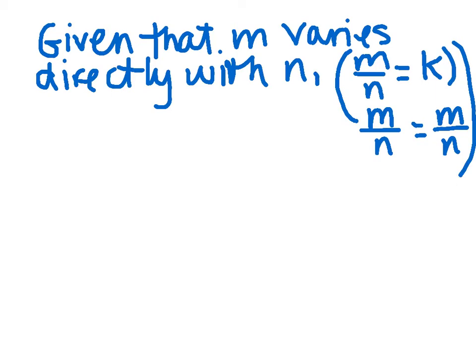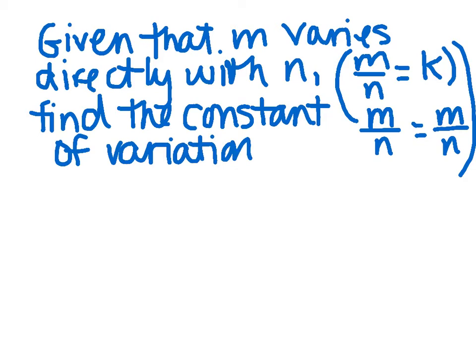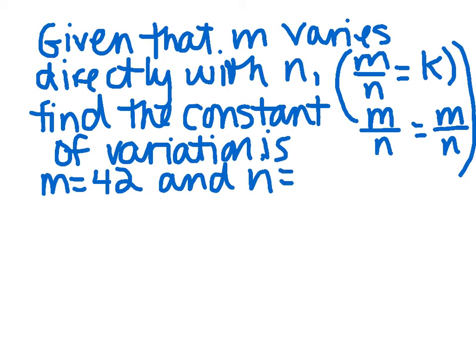Then it says, find the constant of variation if m equals 42 and n equals 2.